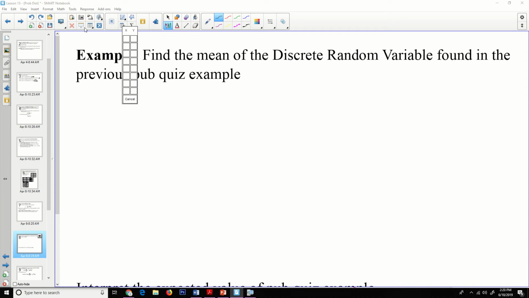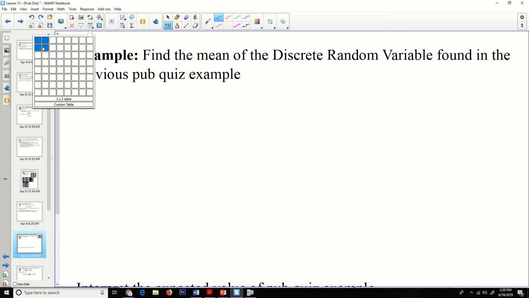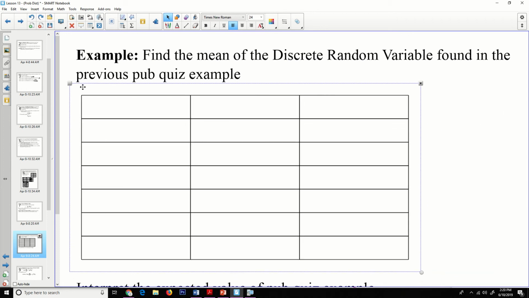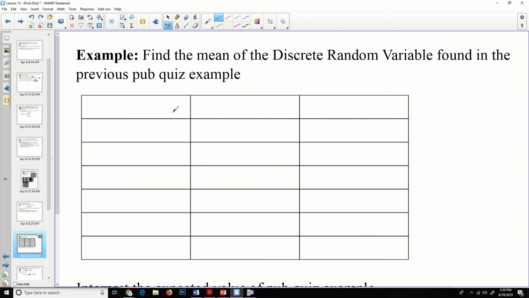I want to insert a table here, and let's go 3 by 7. There we go. All right, and so from the last one, we've got our score here. That is our x value: 0, 1, 2, 3, and 4.